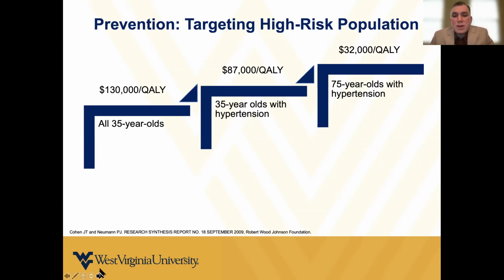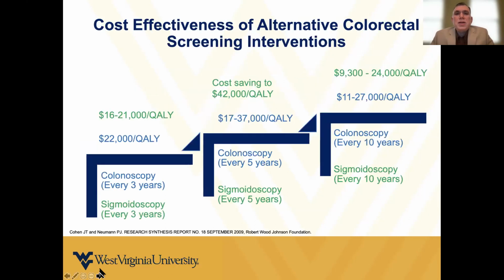There's one more example that I'm going to use, on the next slide, please. It is the cost effectiveness of colorectal cancer screening. Colorectal cancer screening depends on two things. One, the technology that we use, so colonoscopy, sigmoidoscopy, or fecal occult blood testing, and then how frequently the screenings are administered. So there are two factors on which the cost effectiveness ratio will depend.